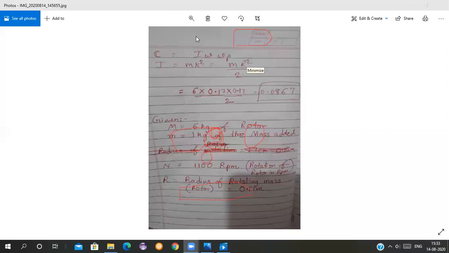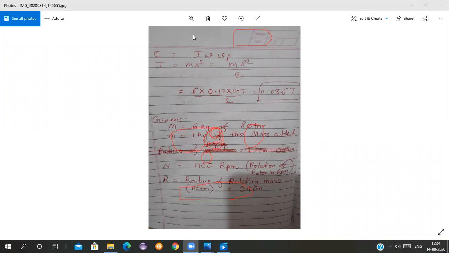So Kunal has got the gyroscopic couple C equal to 1.045. Yes, any other answer, students? Yes, right, Kunal, your answer is right.